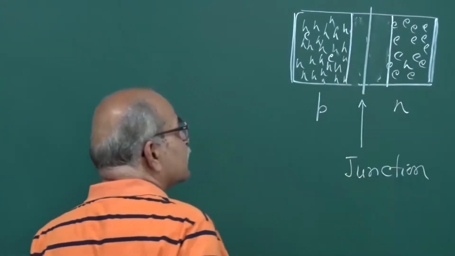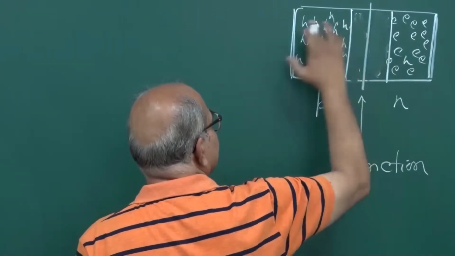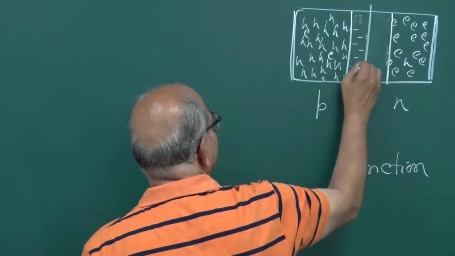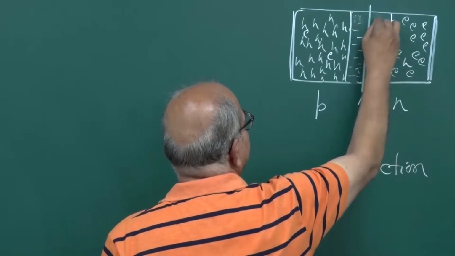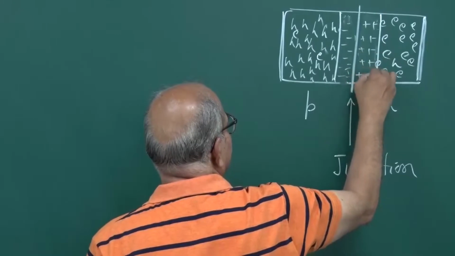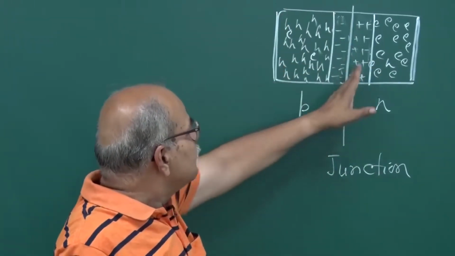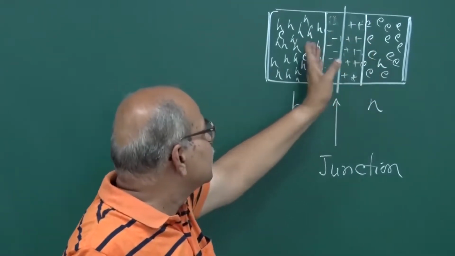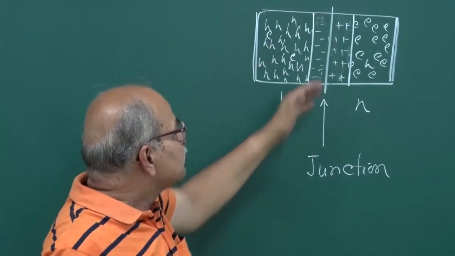But then the charge density is there. Since these electrons are going to this side, everything was neutral, so you get negative charges here, and these holes which are going to this side create this positive charge here. Initially everything was neutral, and then you bring some electrons from this side, you shift some holes from this side, both of them will create negative charge here and positive charge here.